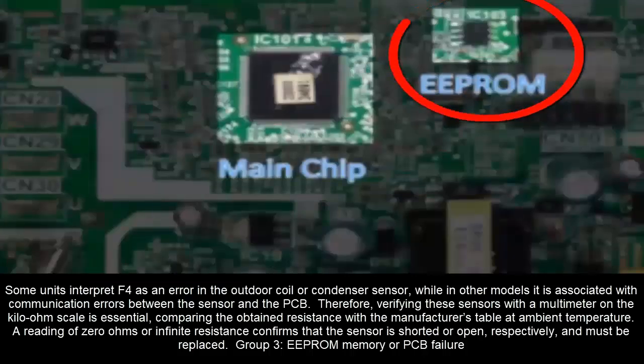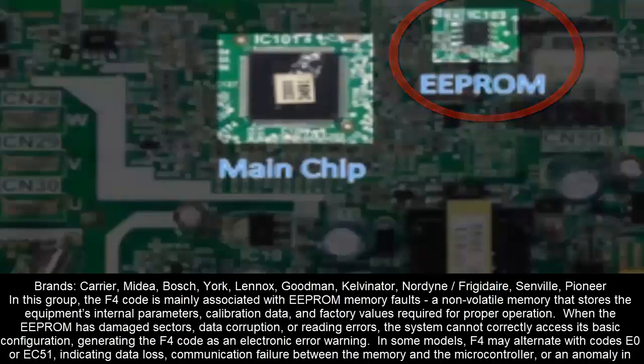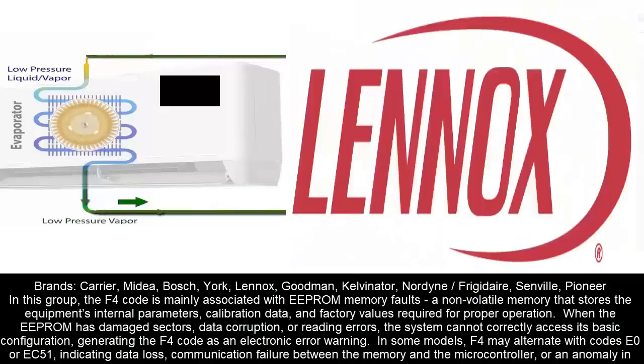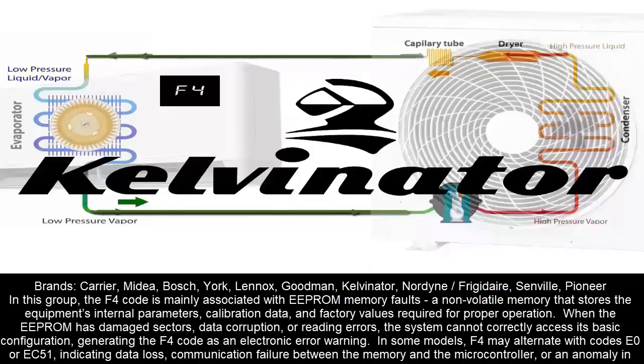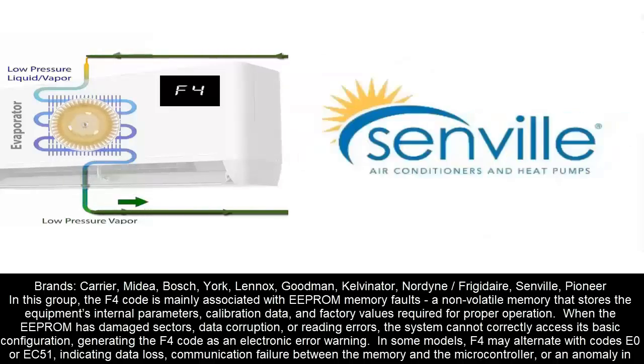Group 3. EEPROM memory or PCB failure. Brands: Carrier, Midea, Bosch, York, Lennox, Goodman, Kelvinator, Nordyne or Frigidaire, Senville, Pioneer.